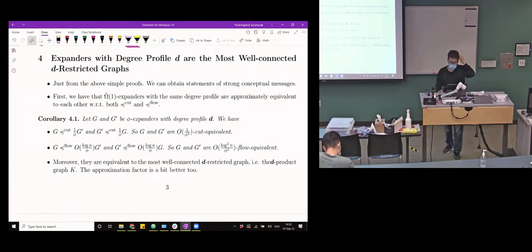Okay, now I'm going to conclude a lot of things here. We have every ingredient that we need now. First, I'm going to say that if you have expanders with the same degree profile, then they are basically approximately the same for both flow and cut sense.